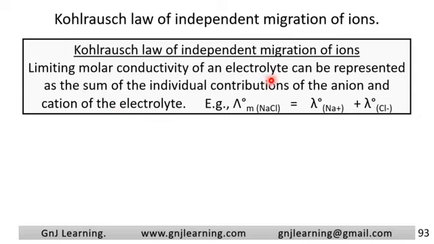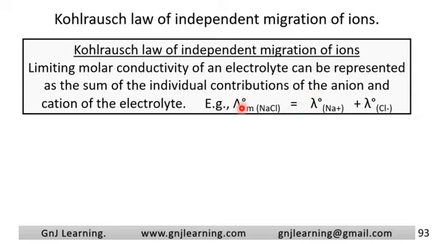So, considering the electrolyte as NaCl, its limiting molar conductivity is expressed like this: lambda m0 of NaCl is equal to the sum of individual contributions. NaCl is made up of two ions, Na plus and Cl minus, and these individual ions have lambda m0 values, represented by lowercase lambda.